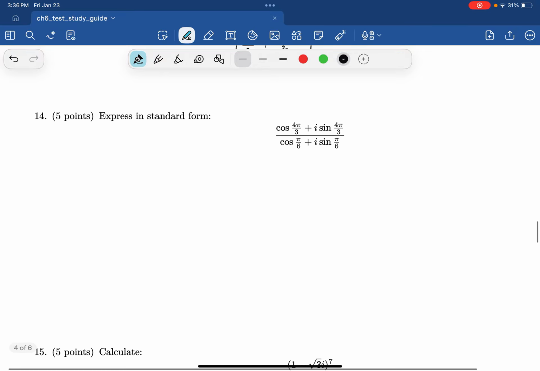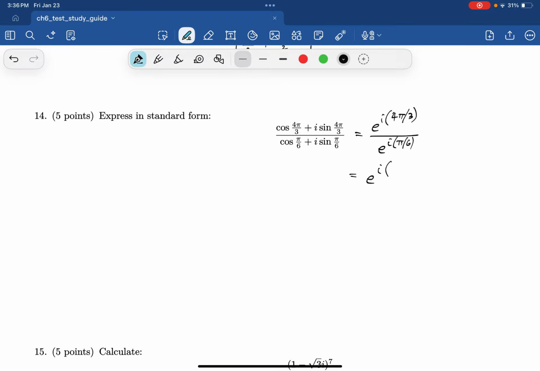Next one, very similar. Now we're just doing division. Right, this is e to the power of i times 4 pi over 3 divided by e to the power of i times pi over 6. Okay, and now we just subtract the fractions, which will give us 7 pi over 6, I think.